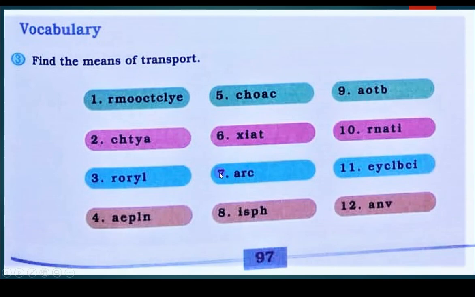Now 7. It's easy too, سهلة أيضا, because we have just 3 letters. So which means of transport is this? It is a car. A car, سيارة. 8.